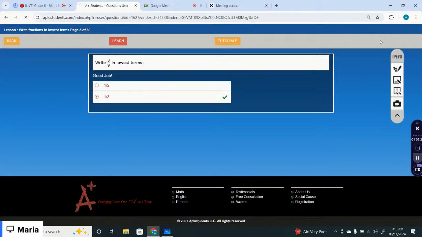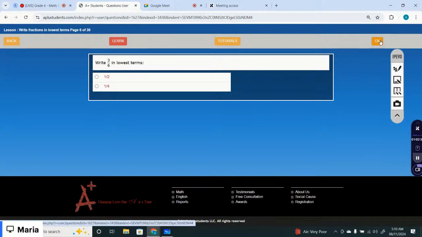Okay, the next one is write 3 by 6 in lowest terms. So which is the correct option? How do you write?